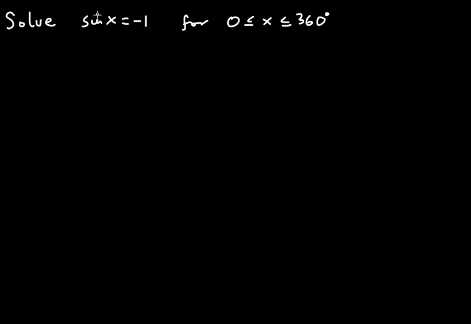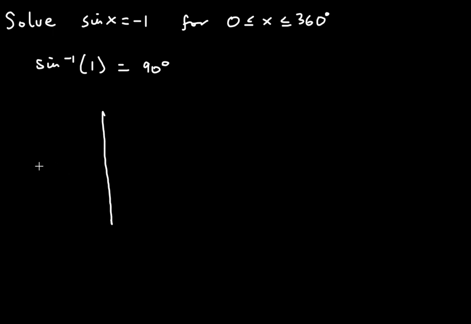Final example, solve sin x equals -1 for x between 0 and 360. So you start by taking the inverse sine of 1, so you don't include the negative sign. So that gives 90 degrees.